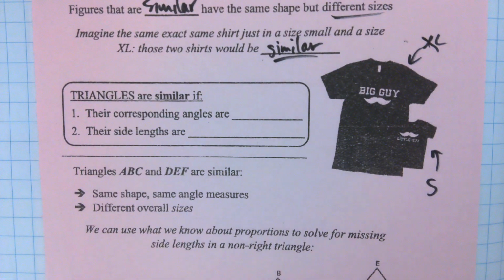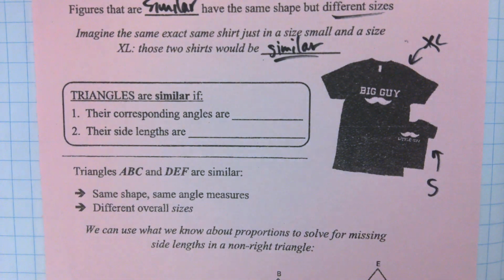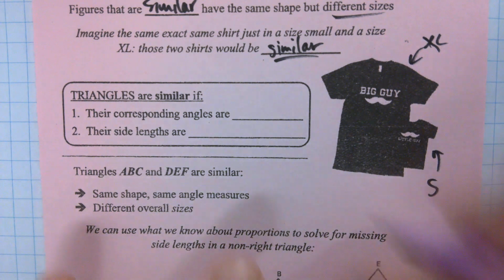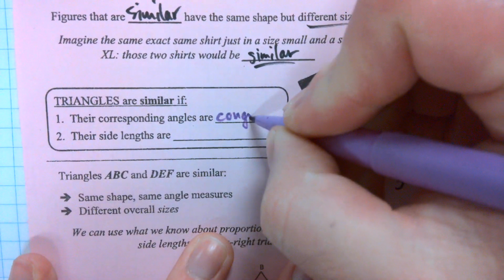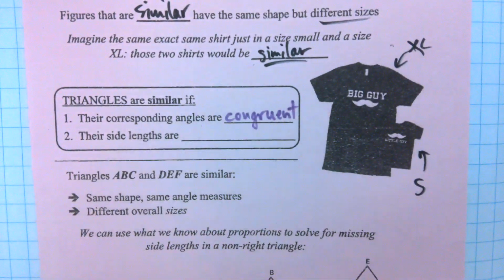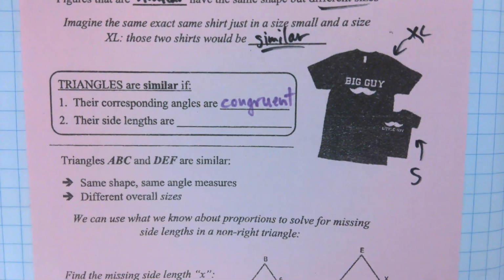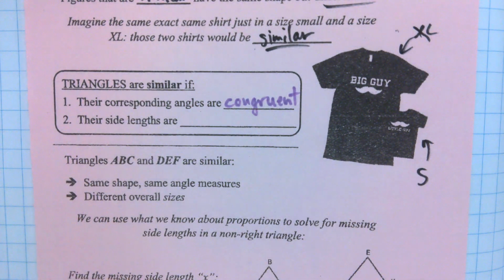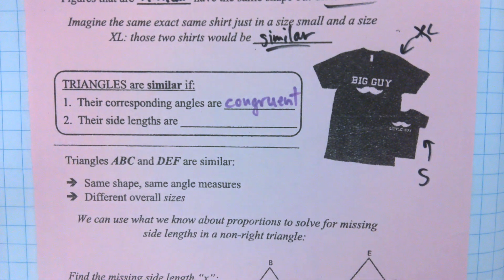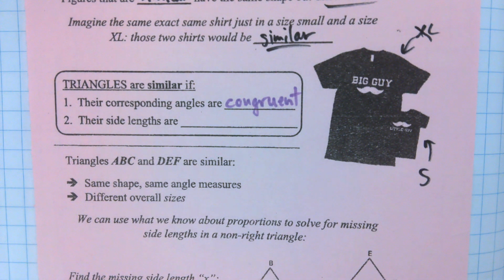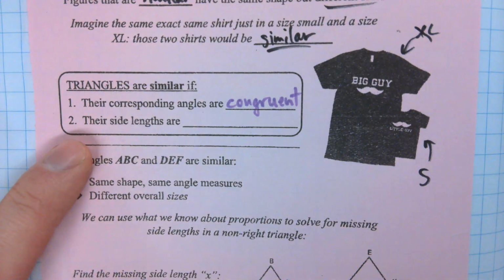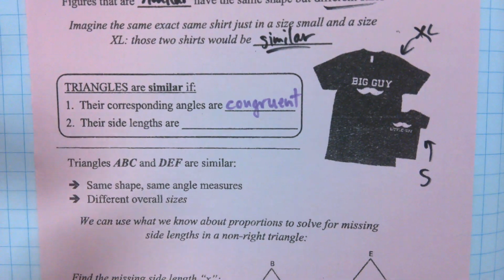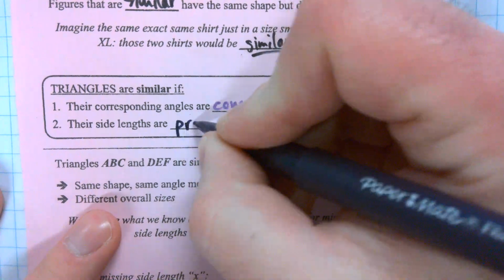So we know that triangles are similar if their corresponding angles are congruent. So if they have all three of the same angles like we just found with the two triangles previously, all of those angles were congruent, right? 58, 81, 41, I think. But their side lengths have to be proportional.